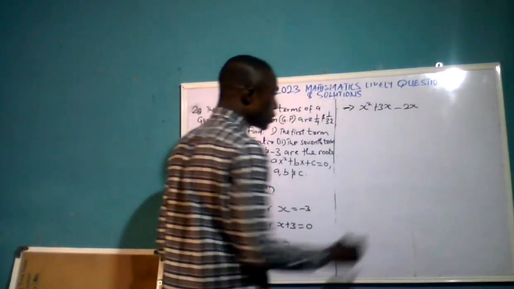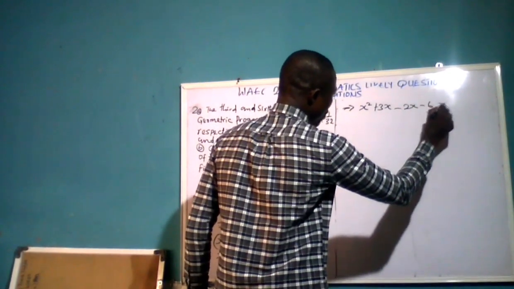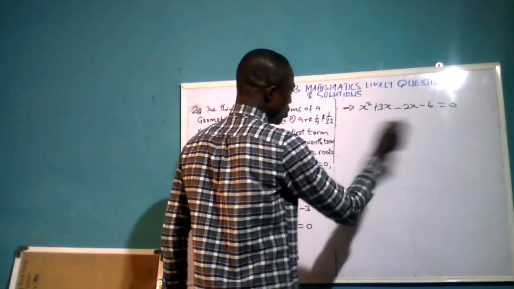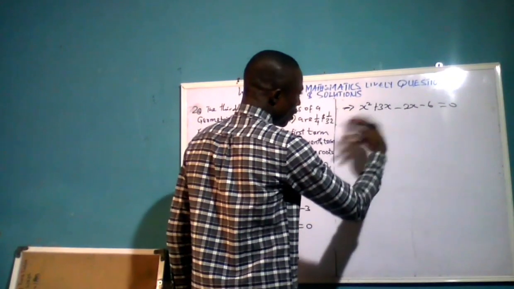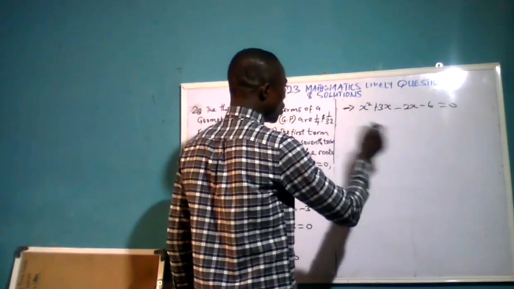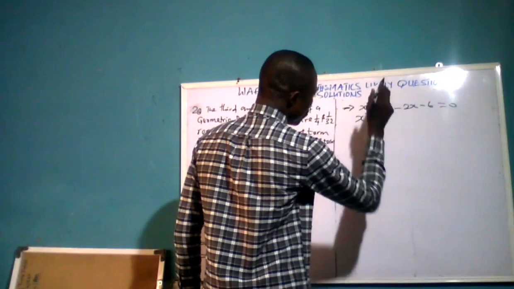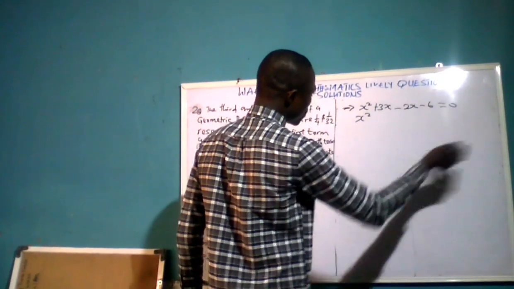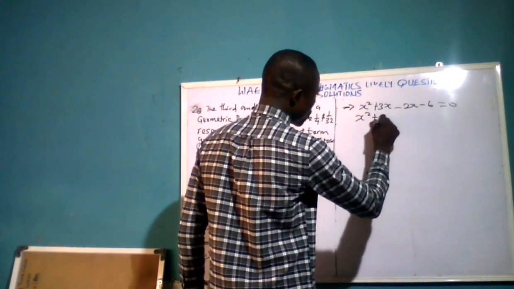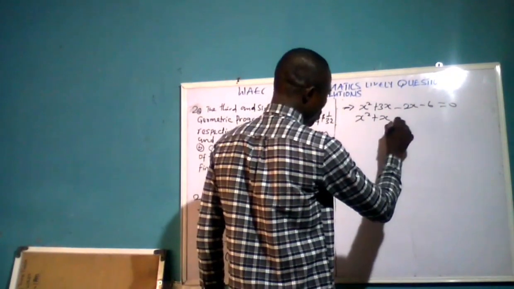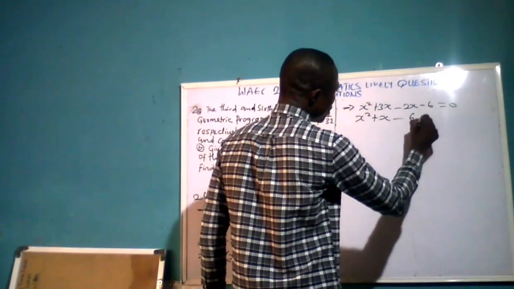Minus 2 times plus 3 gives you minus 6, everything equal to 0. So you have x squared, plus 3x minus 2x gives you 1x, which is written as x, and we have minus 6, equal to 0.